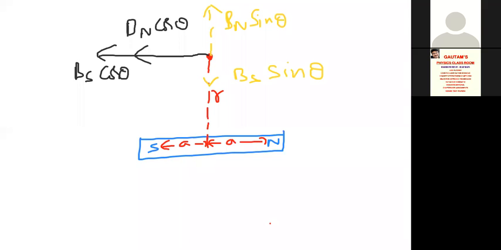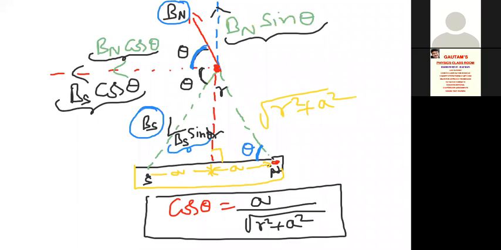After resolving, we got this information. But in my previous diagram, clearly I can observe one important point: that Bn and Bs values are equal. Observe carefully. What I told here is Bn is equal to Bs. How are they equal, sir? Observe here. Here pole strength is small m.